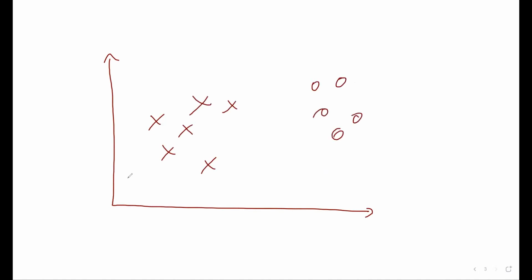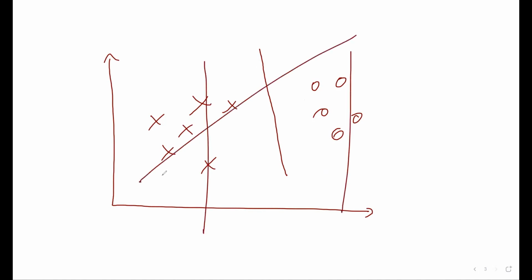Our goal will no longer be to fit a line through these, because it doesn't really make sense. We still want a line, but it'll be a line now that does that. You see that? Now the line could be here, could be like that. If this is line 1, line 2, line 3, line 4, which one of these is the best line? 3. Why?